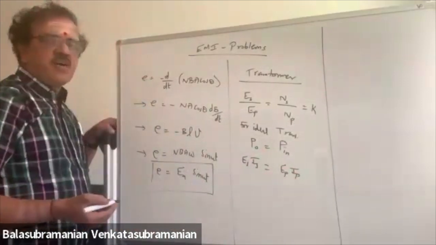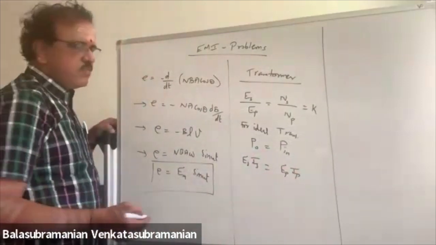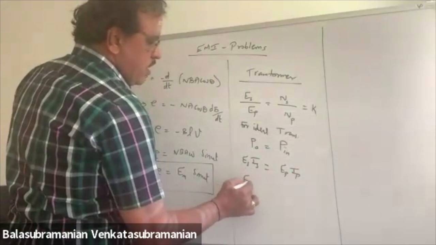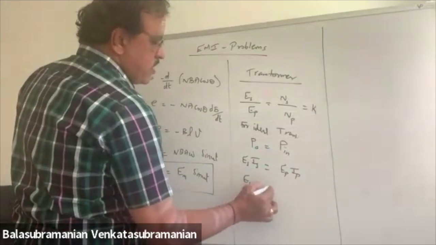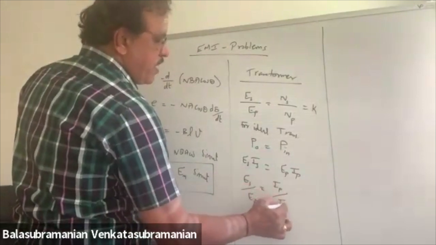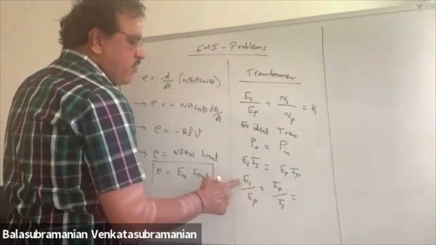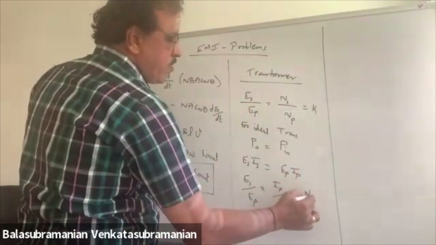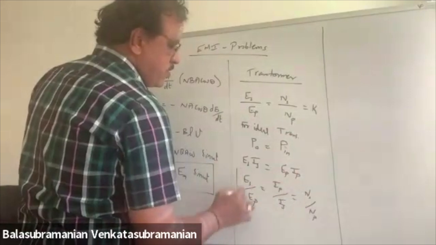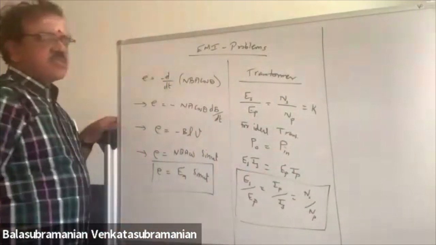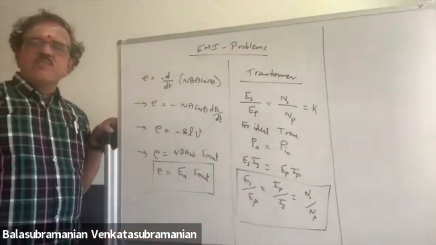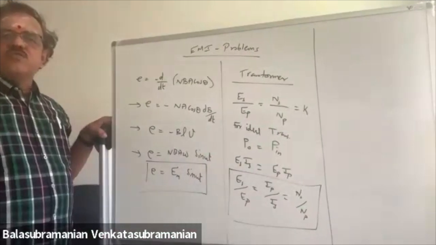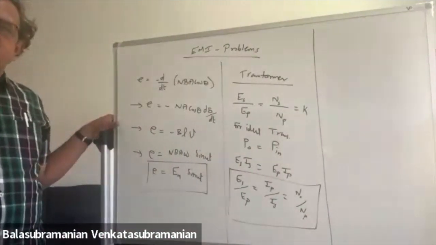Voltage into current, we call it power. So ES by EP is nothing but IP by IS. But already we know ES by EP is nothing but NS by NP. So this is the equation used for an ideal transformer.